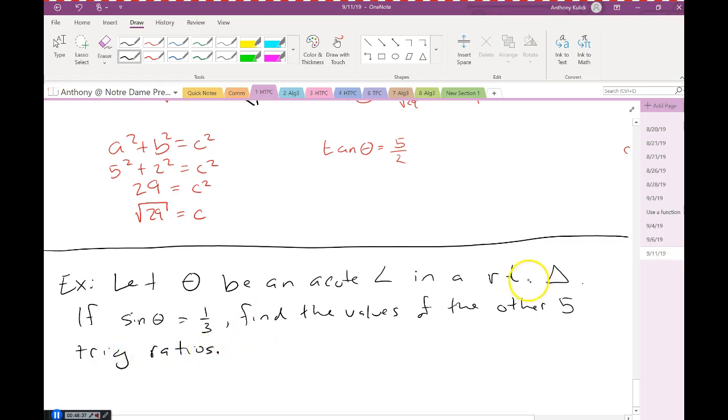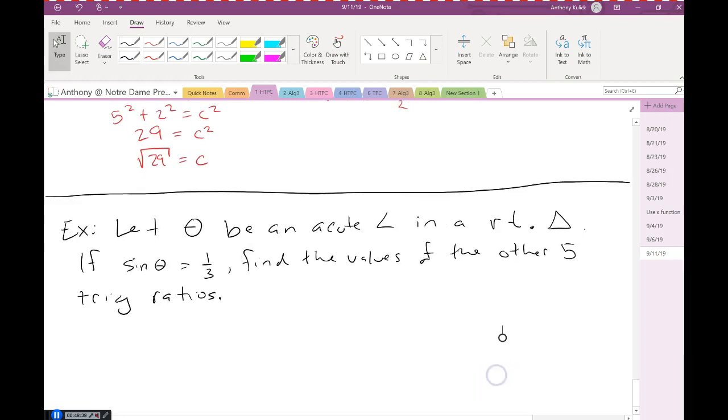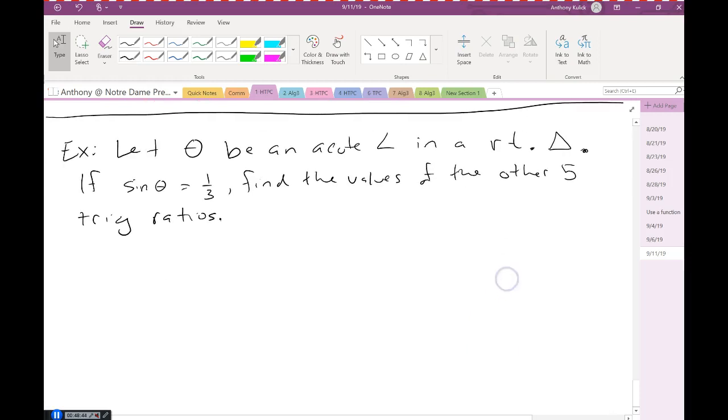Okay, let's do another example. Let theta be an acute angle in a right triangle. If sine theta equals 1/3, find the values of the other 5 trig ratios.